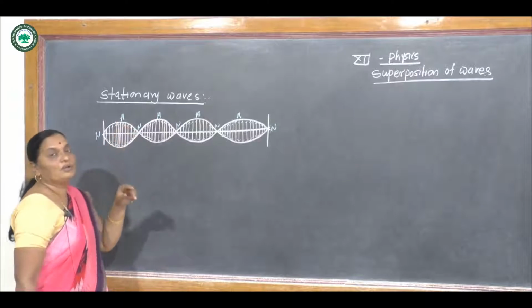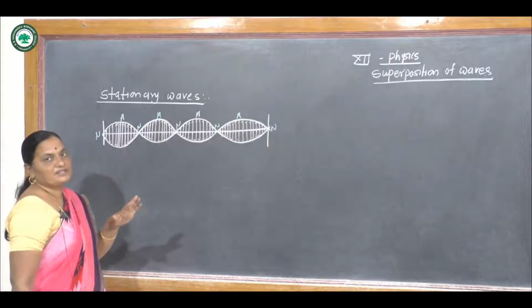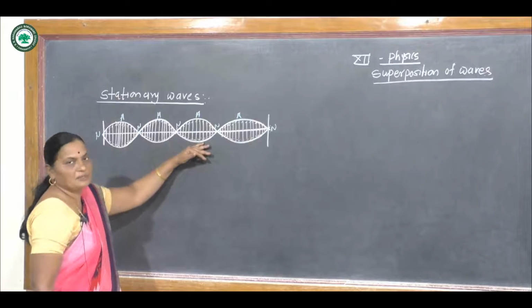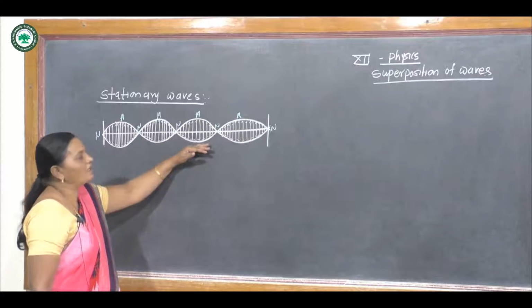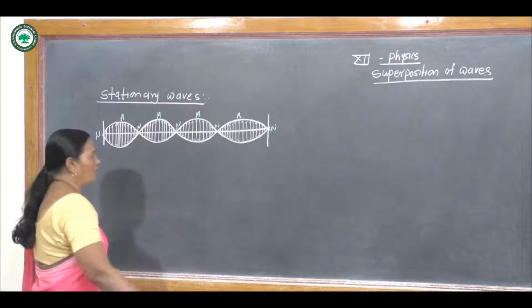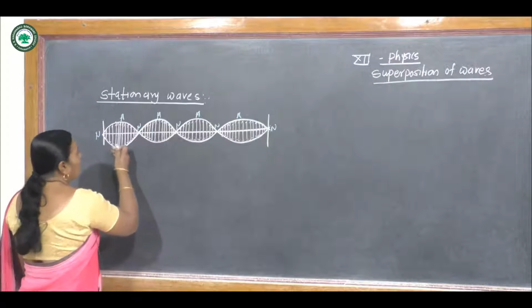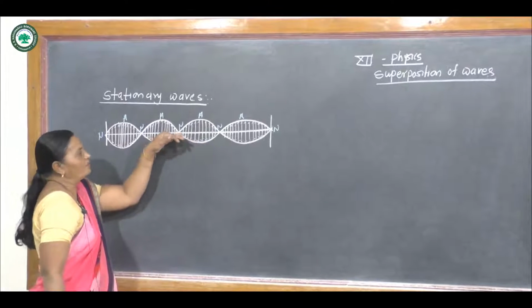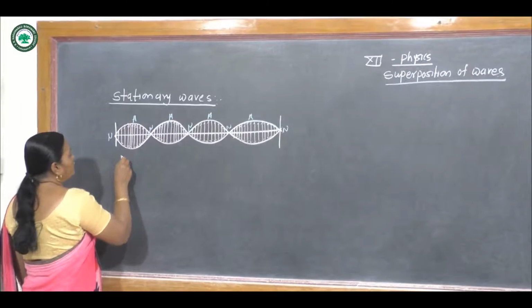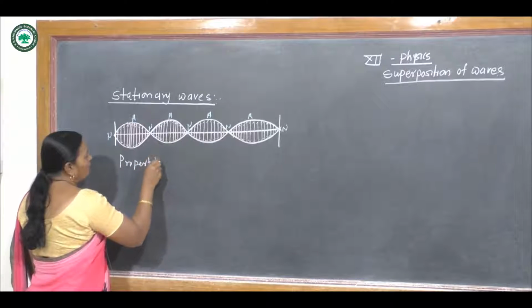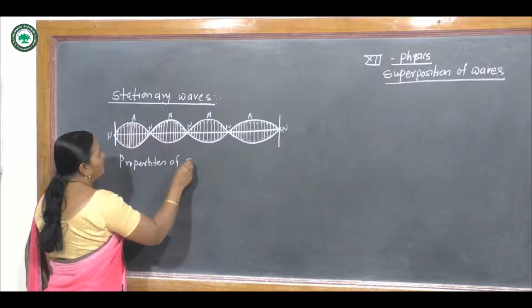Here we have two identical progressive waves traveling along the same path in opposite directions, forming a loop-like structure. It is called a stationary wave. The stationary wave looks like these loops, and we see the properties of stationary wave.